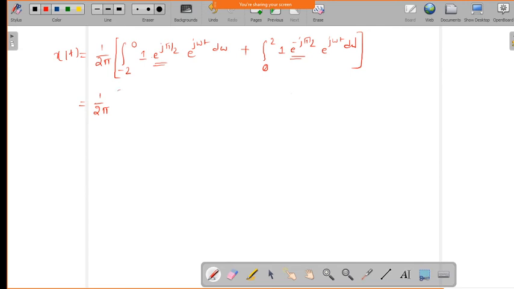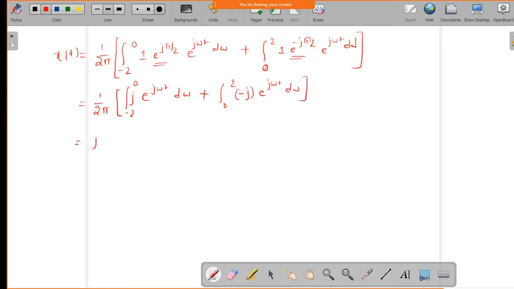So 1 over 2 pi. If you put cos pi by 2 plus j sin pi by 2, this will give the value j. So j into integral from minus 2 to 0 of e power j omega t d omega, plus integral from 0 to 2, which will give minus j into e power j omega t d omega.